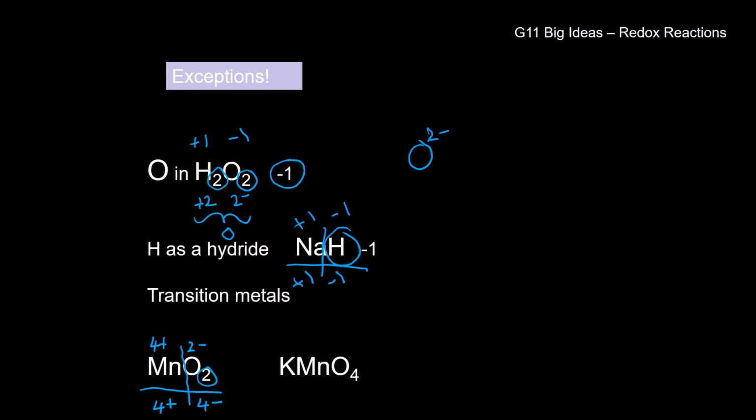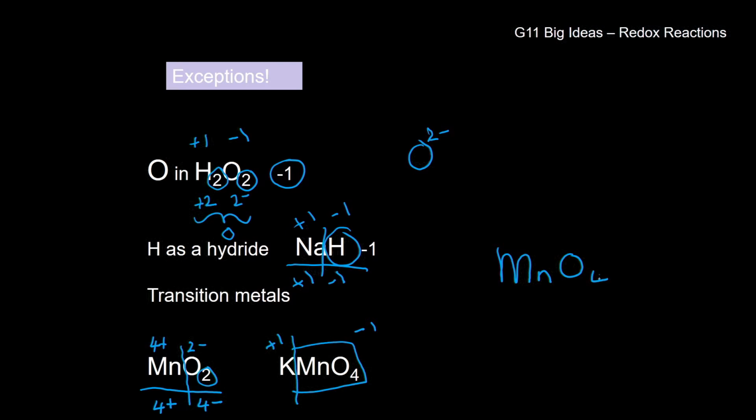What about potassium permanganate? If I draw a line here, I know that potassium is in group 1, and so it's going to give 1 electron away, and so its unit oxidation number is going to be +1. That means that the permanganate ion has to have a charge of -1. Yes? I'm going to write it over here so that we can see it more clearly.